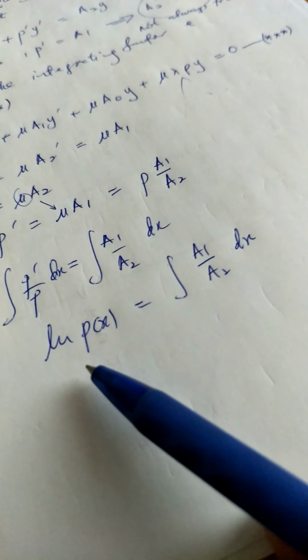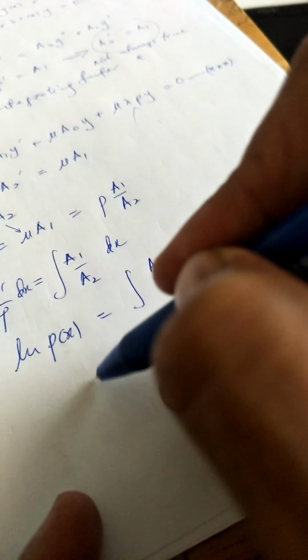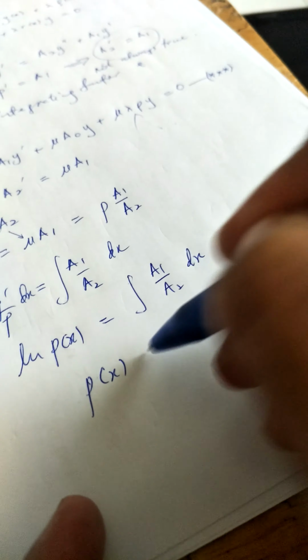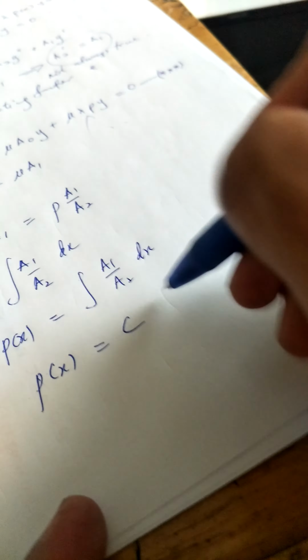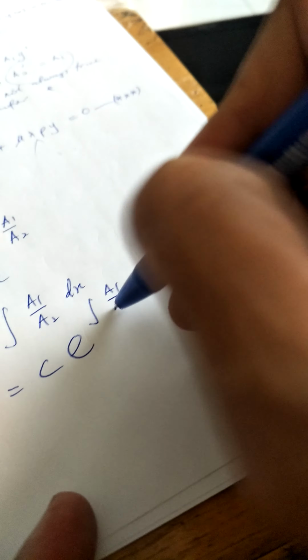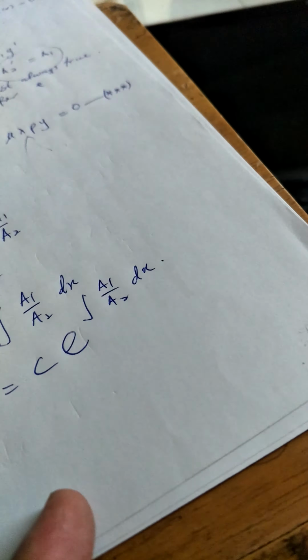Taking the exponent of the equation, we have P of x equal to a constant times e to the integral of A1 over A2 dx.